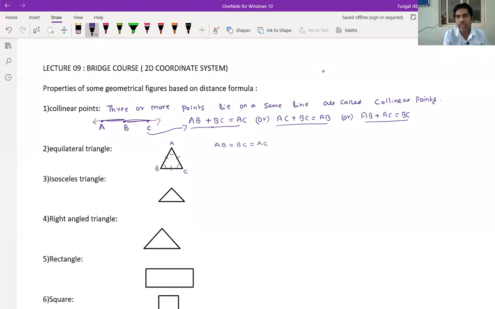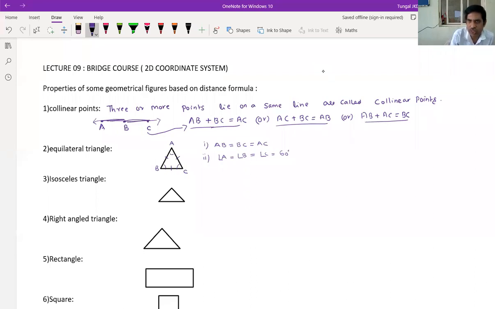How to verify using the distance formula that 3 points form an equilateral triangle? Its properties: first, all sides are equal, AB is equal to BC is equal to AC. Next, all angles are equal, so angle A is equal to angle B is equal to angle C. How much is each one? 60 degrees. Remember that, 60 degrees.